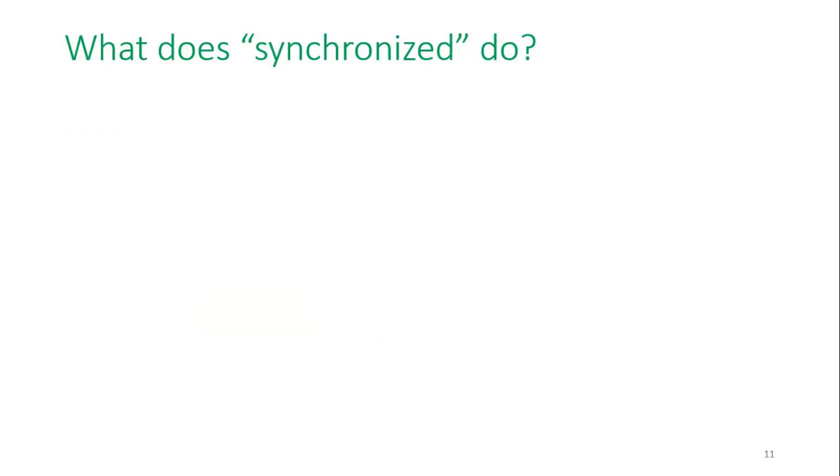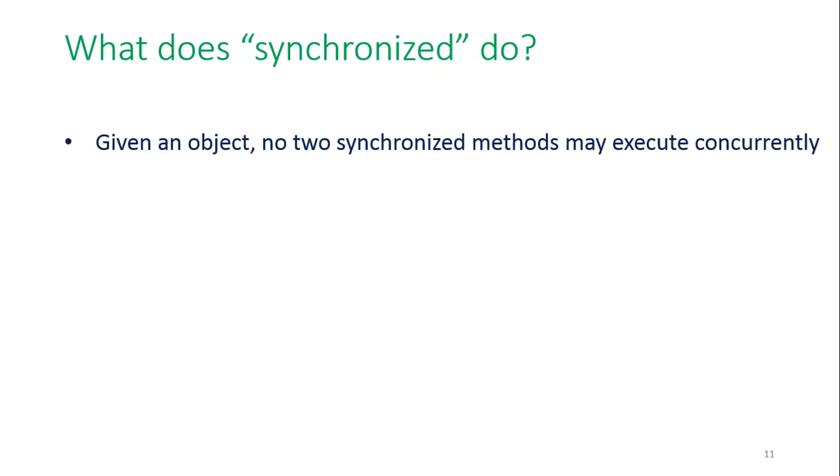So before we go any further, let's talk a little bit about what the synchronized keyword does in this example. At the level of our class, when we have an object of that class, SynchronizedCounter, the fact that we marked some methods as synchronized means that if we share that object between several threads, only one of those threads at a time can call one of our synchronized methods.